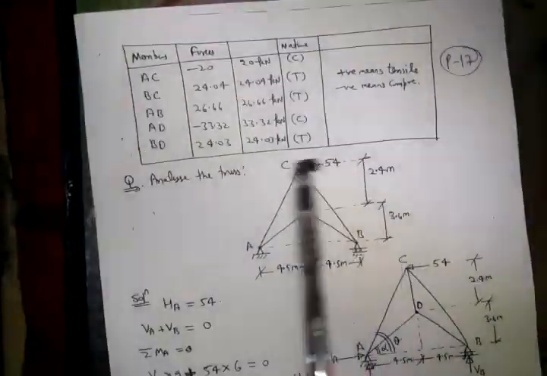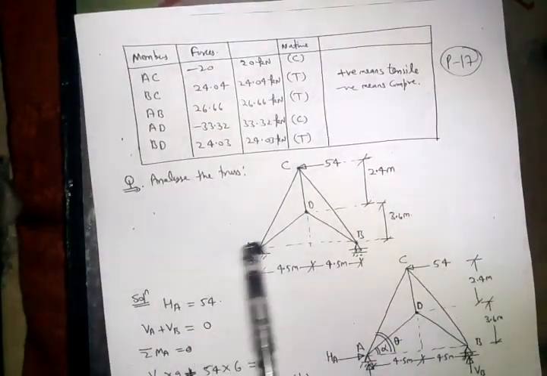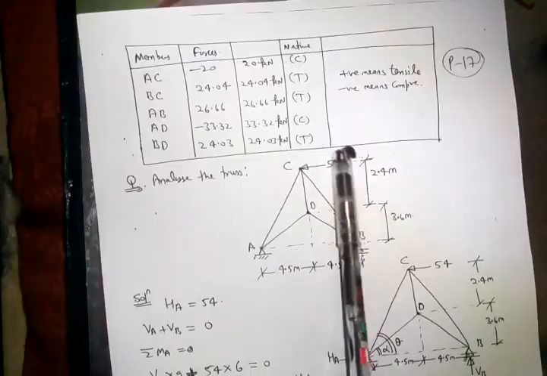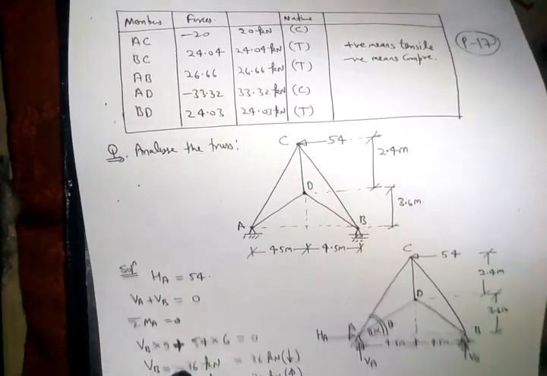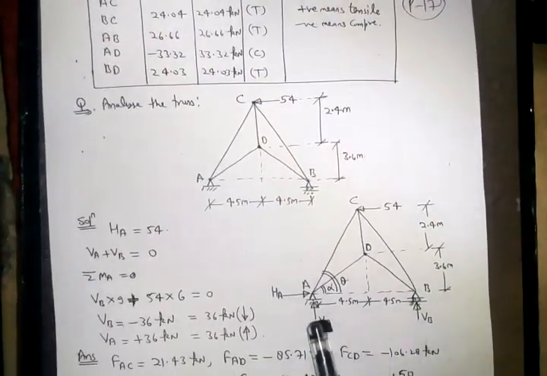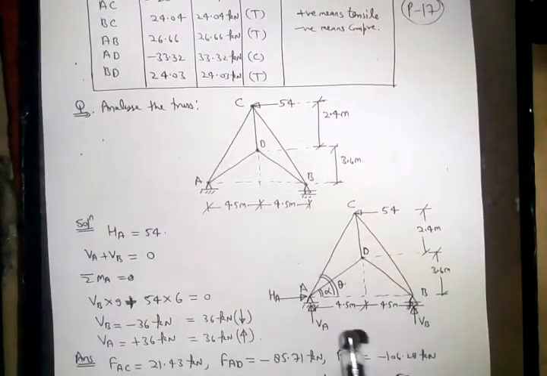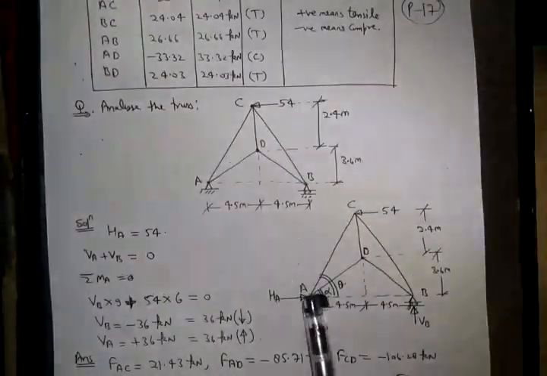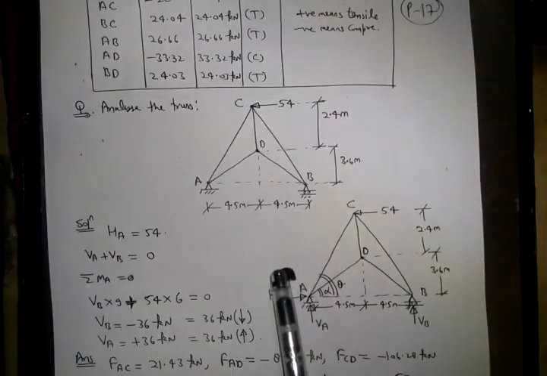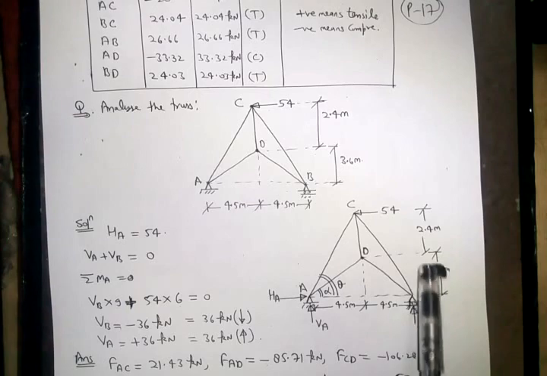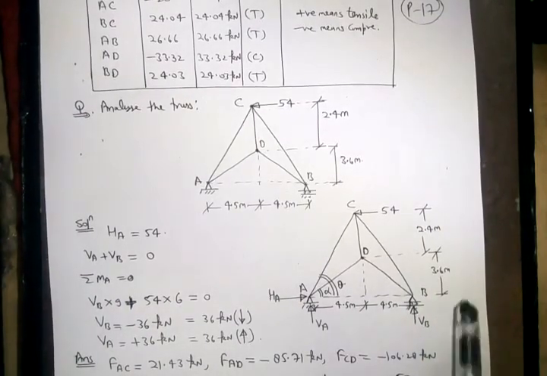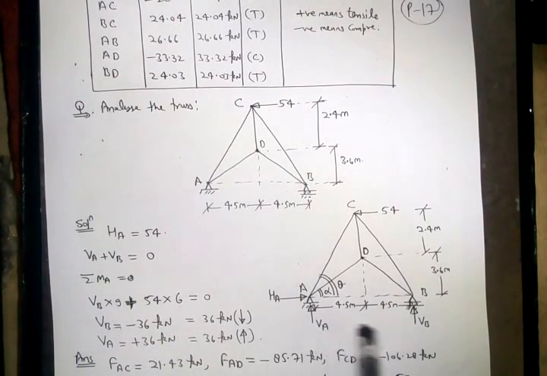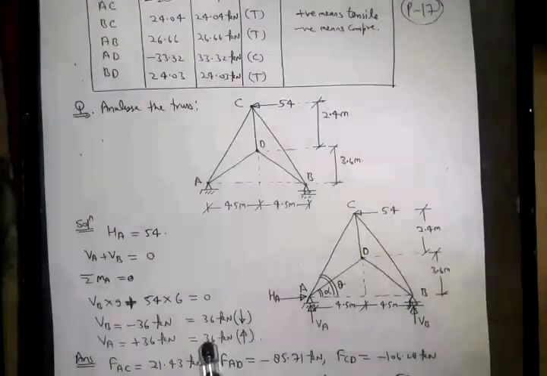I want to tell you only reactions. How to find out reaction? This will be 54 and summation of up will be 0, because VA plus VB equal to down means 0, and moment about this point equal to 0 means VB into 9 equal to plus 54 into this equal to 0. So VB will be minus means direction is downward, VA plus means direction is up.